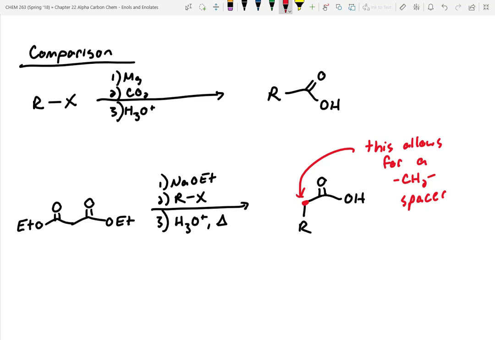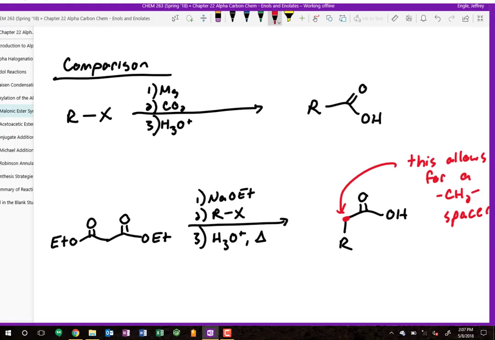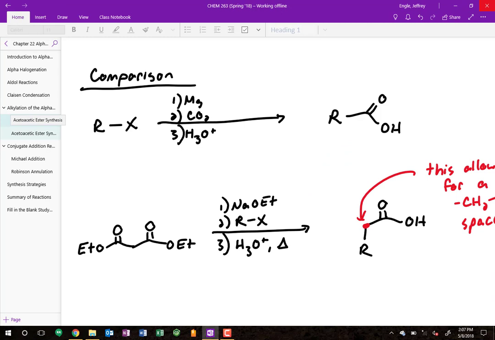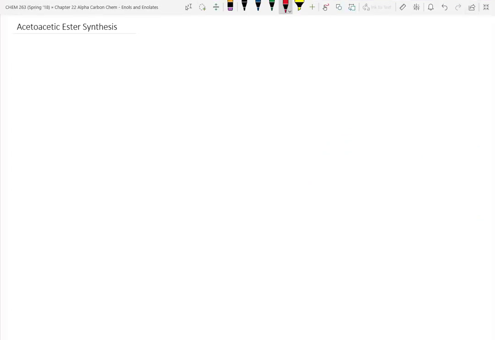All right, we've got another one that's really similar to this. This is called acetoacetic ester synthesis. It's a mouthful. So let's take a look at that one. This one's very similar mechanism. And just like before, I like looking at the overall synthesis.